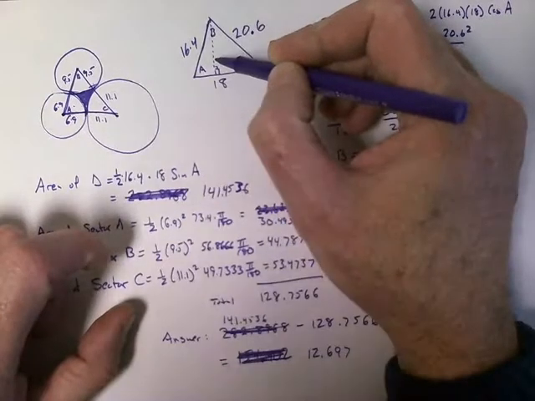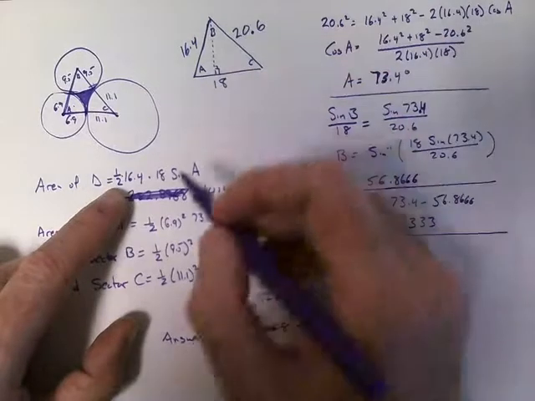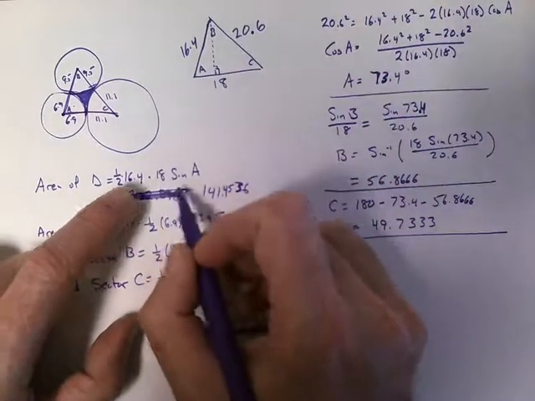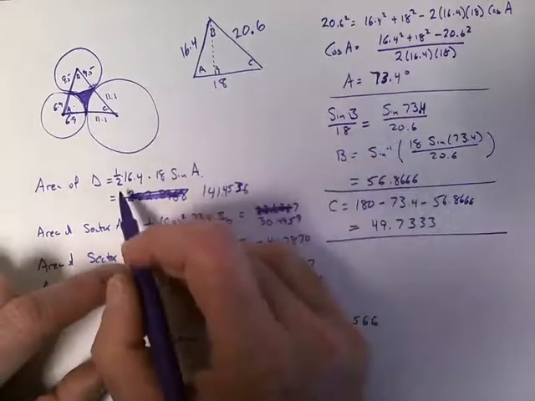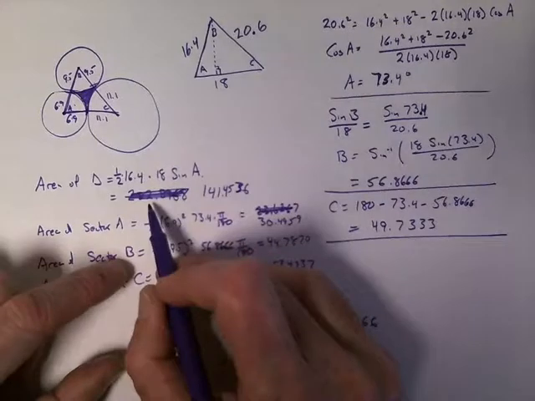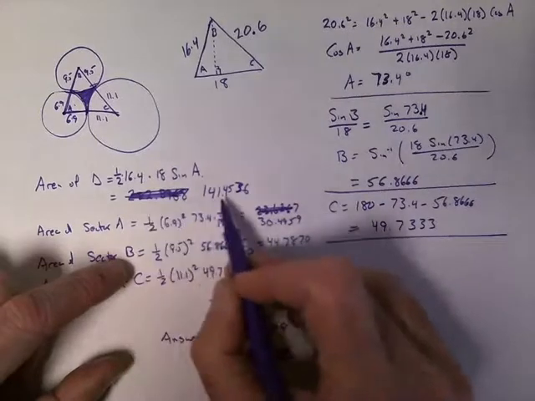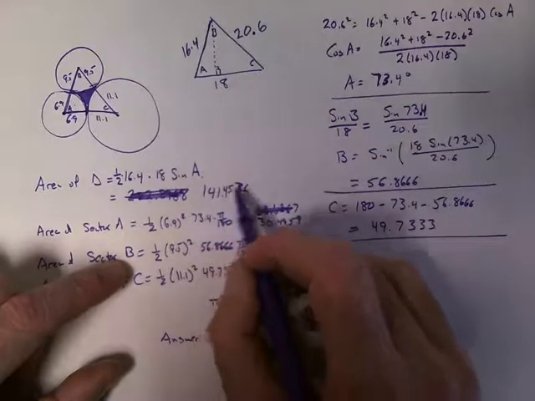And then if I do 1/2 the base times the height, I got the area of the triangle. So 1/2 times 18 times the height of 16.4 sine A, that's the area of the triangle. Unfortunately, when I did the calculation the first time, I didn't have the 1/2 out in front, and I got this 282, and the answer should be 141. So anyway, the area of that triangle is 141 point whatever.